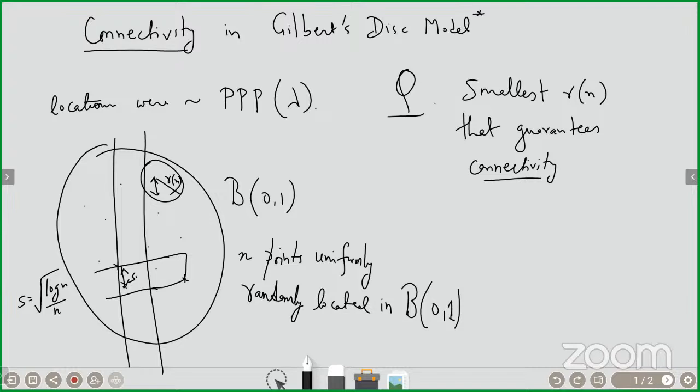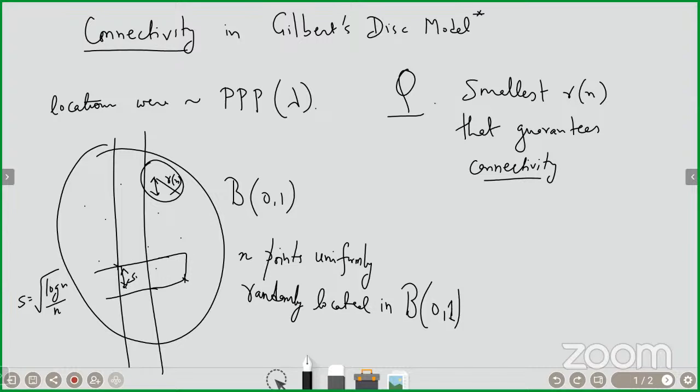So roughly the answer I should expect is square root of log n over n. Precise answer we will derive. But the intuition to keep in mind is that roughly if you have square root of log n over n, it is sufficient.